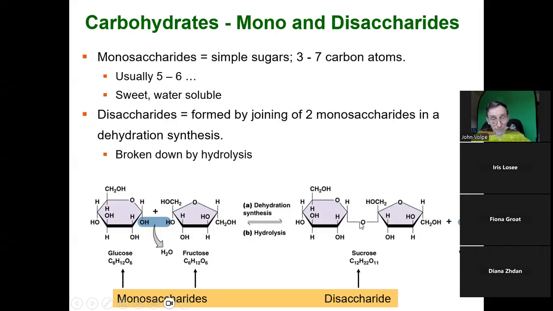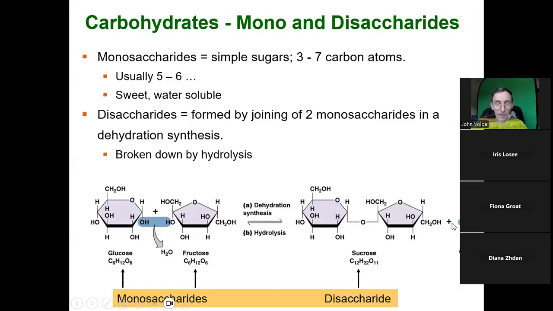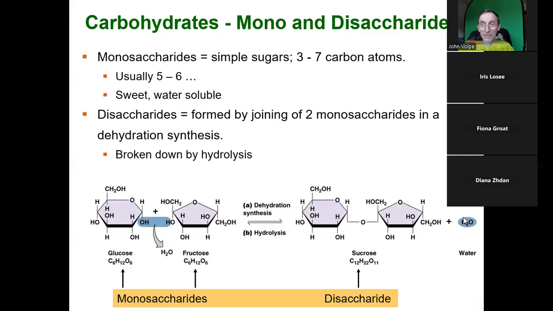And then this sucrose is split into fructose and glucose. Any question about any of that? So hydrolysis is just the reverse of dehydration synthesis, or vice versa. Oh, there we go. There's the water. Didn't see it over there. So you do add water to go that way. And there's the water. Here, was sort of hiding it with this. All right.